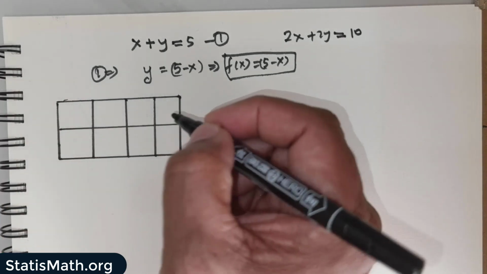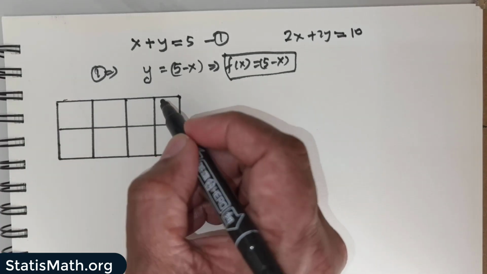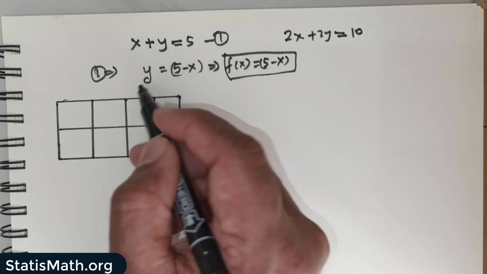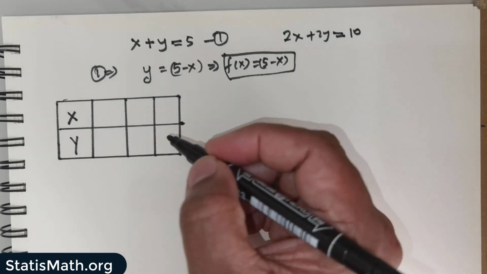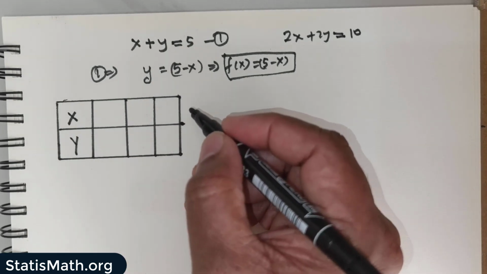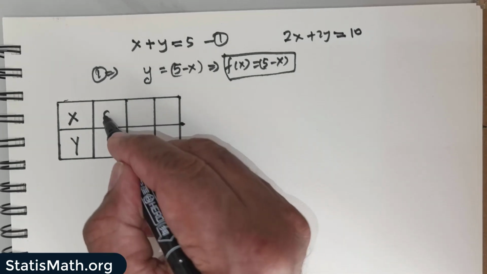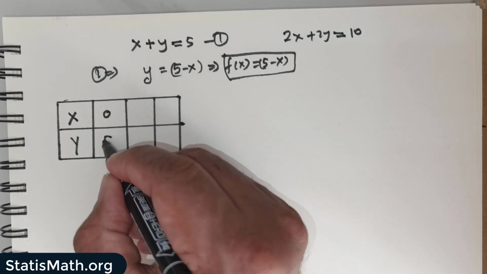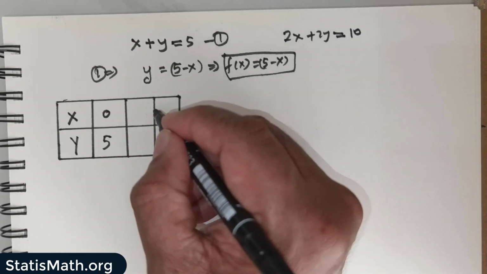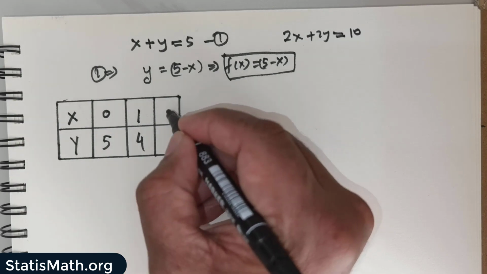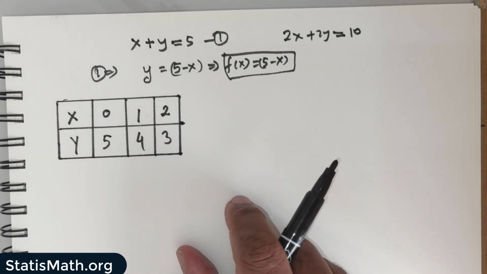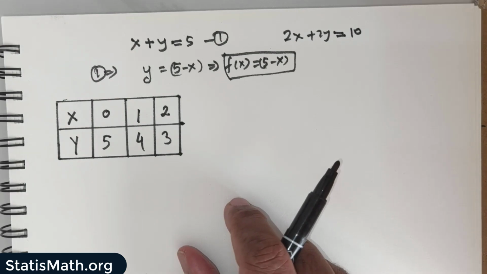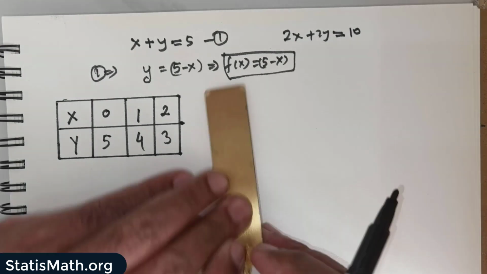I will explain later when we draw graphs. Now we have to take x and y. You can choose the smallest values. If I take x as 0, y is 5; x as 1, then y will be 4; x as 2, then y will be 3. So this is the graph. Now let me show you how the graph looks.